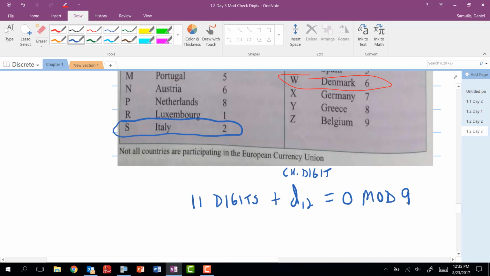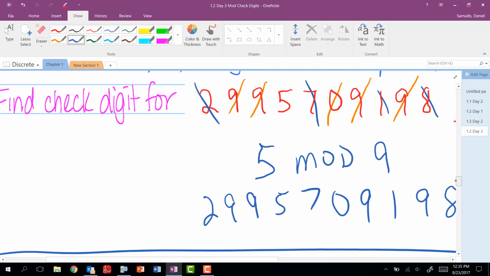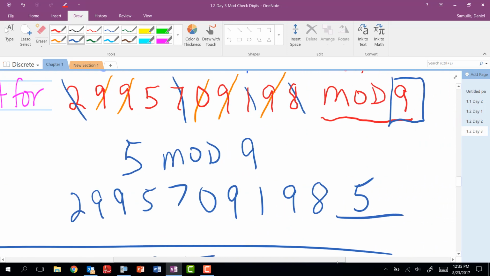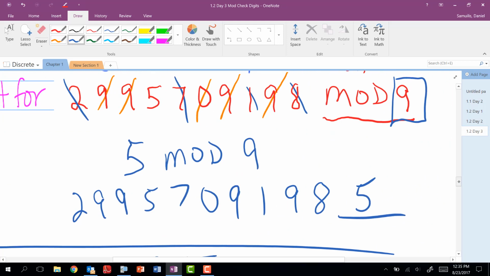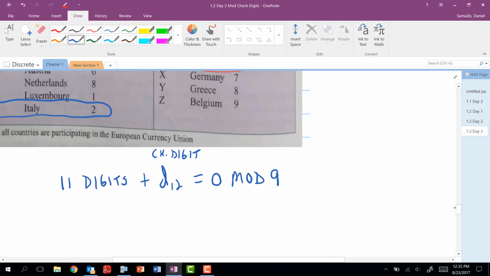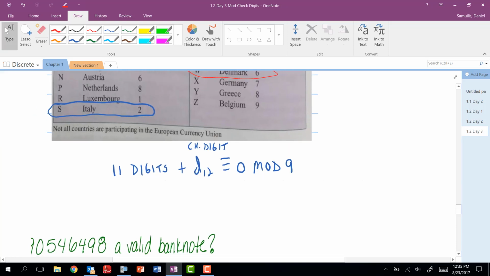Don't get mad at me. When you say mod 9 scheme, they work like what we did on the previous one, where the check digit is mod 9 of the previous digits. That's not what happens with a banknote. The check digit makes the sum of the previous 11 digits equal, or congruent, to 0 mod 9, and I'm done. You got to get that.